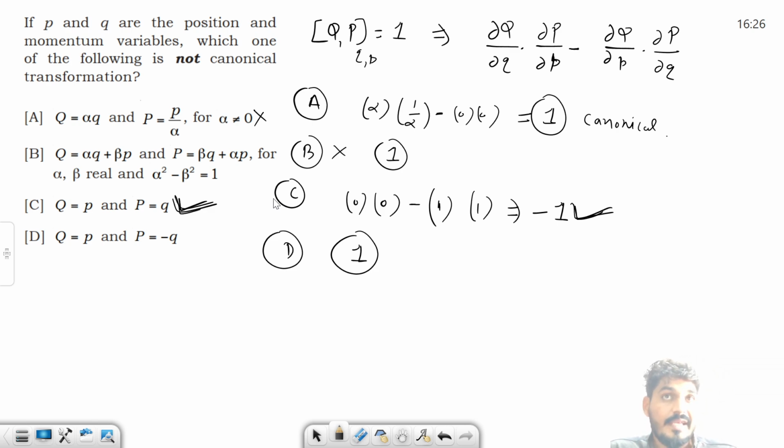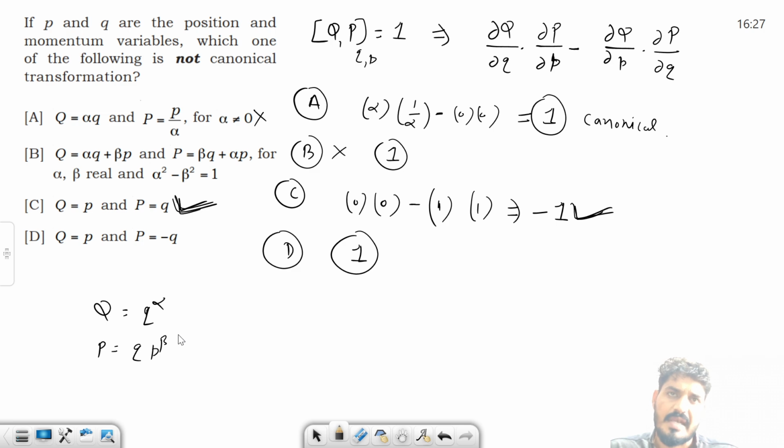The important thing is these kind of questions are very important on canonical transformation. यहाँ तो उन्होंने direct given question दिया है. Sometimes what they will give you some values, some constant values, and they will ask you to find out the value of this. Let's suppose they will give you Q is equal to q to the power alpha and P is equal to, let's suppose, small p to the power beta.